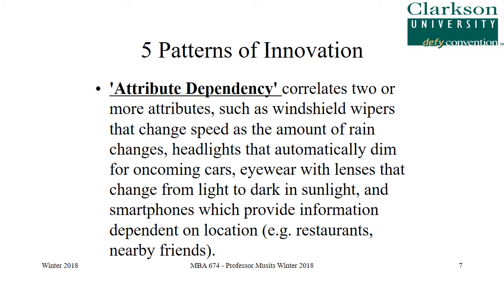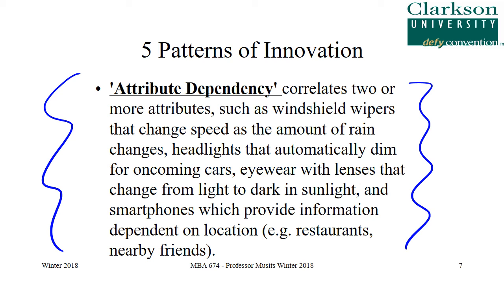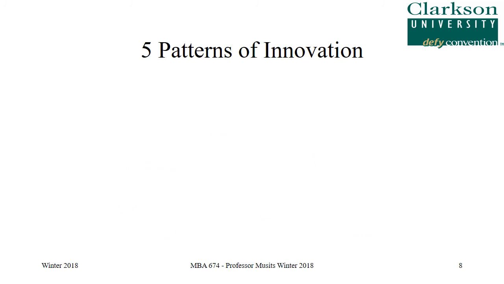So this is called attribute dependency. And again, it's sort of another way of thinking about these things, and can help you, after you've assessed your business, look at potential new opportunities. Okay, let's go on. Okay, so let's just take a summary of these 5 different patterns of innovation.